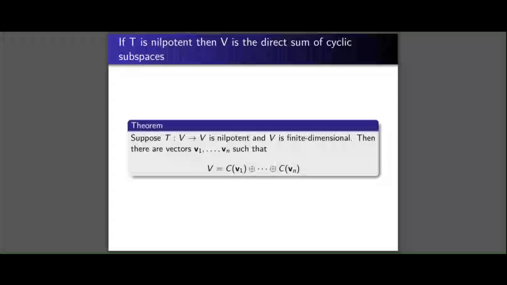And that tells us that the matrix of T is going to be a bunch of Jordan blocks going down the diagonal and zeros everywhere else. Okay, so we need to show that V is the direct sum of cyclic subspaces. And we do that by induction.